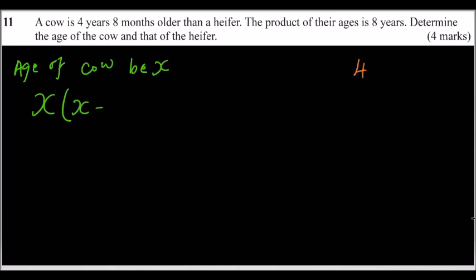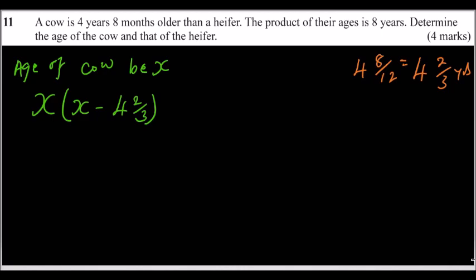So this question we can start by saying, let the age of the cow be x. Therefore, if the age of the cow is x, the age of the heifer is x minus 4 and 8 over 12 years. Now, we convert 8 months to years. So this is 4 and 8 over 12, which is equal to 4 and 2 over 3 years.